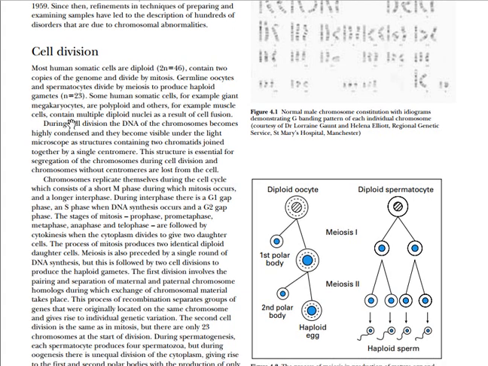So the division method which occurs in the somatic cells is by mitosis, while in the gonadal cells it is by meiosis.